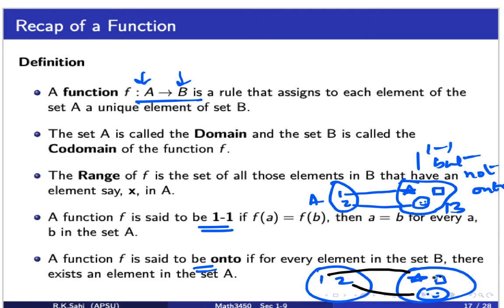It cannot go to 1 and 2. Remember that, because it won't become a function. So we can have, say, the number 3 going to the square. That's onto. Remember, the top one wasn't onto, but the bottom one is onto.